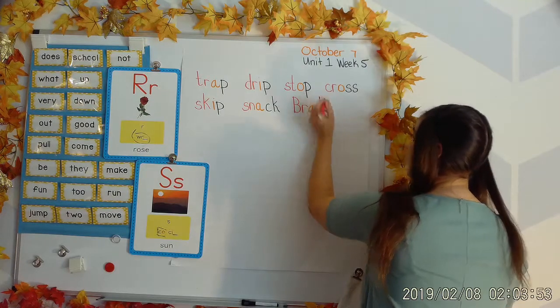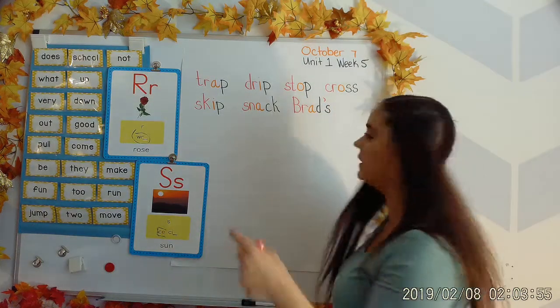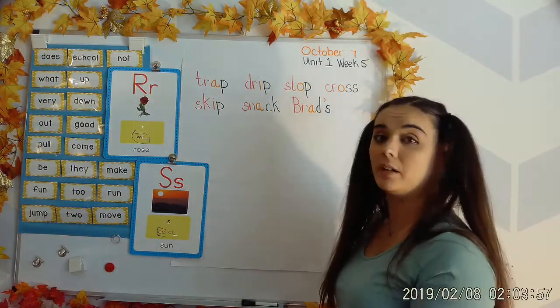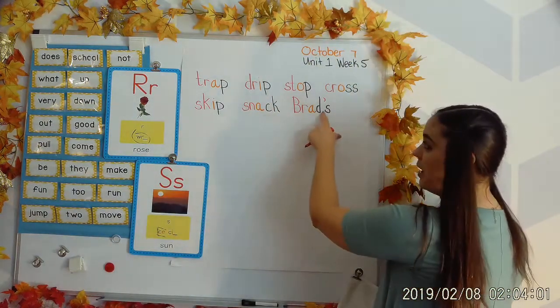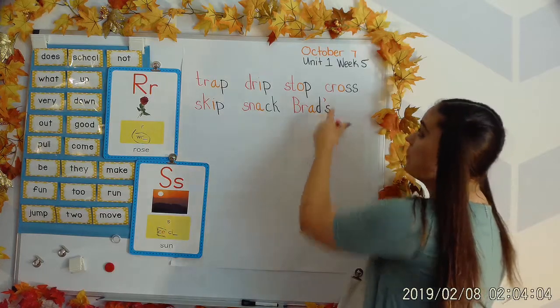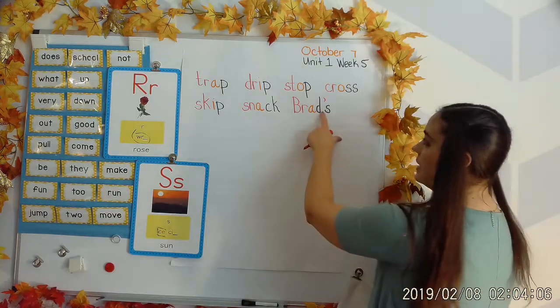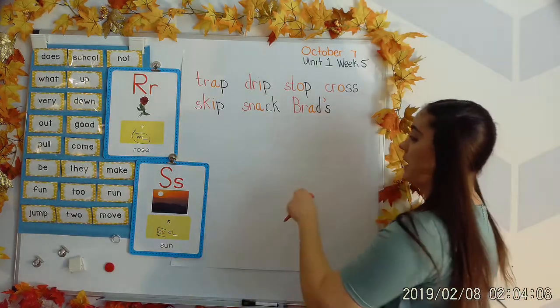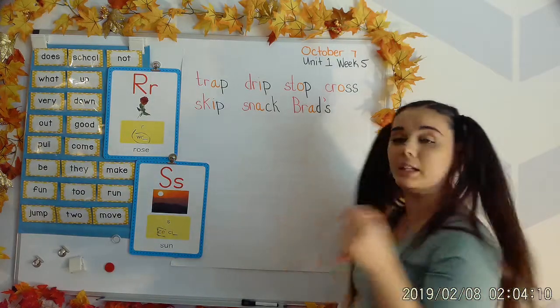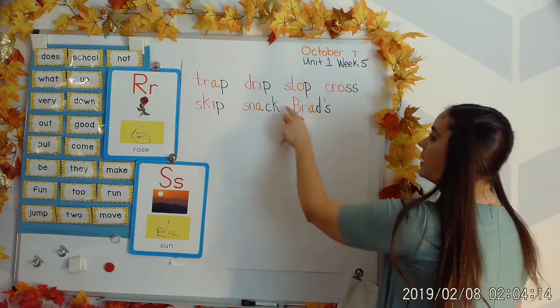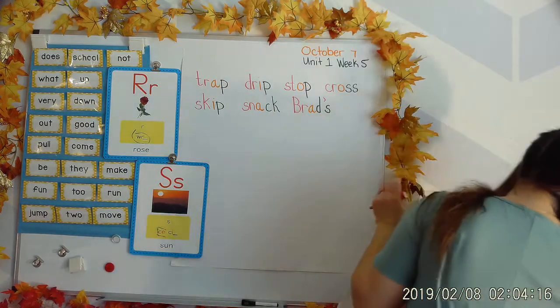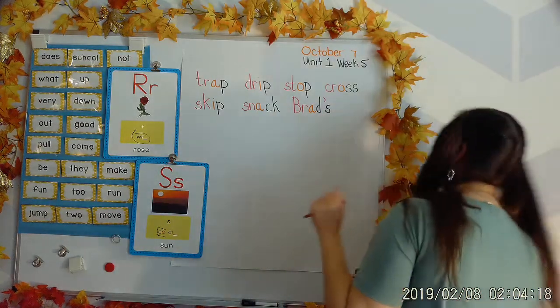Now we've talked about how an apostrophe is kind of like a comma in the air. Normally a comma is down at the bottom next to letters, but an apostrophe is kind of like if we put a comma and we just put it in the air. But it's still a word that we can sound out, that we can blend. Brads.